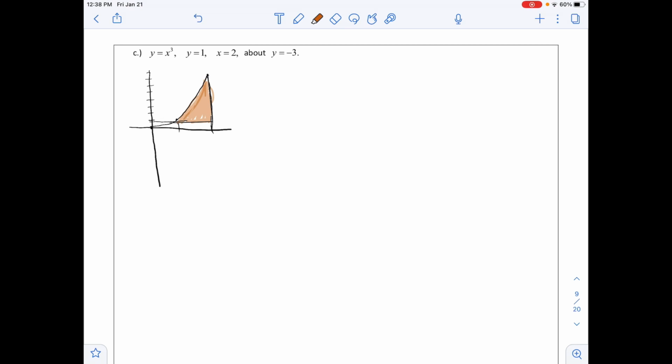And so this time we're not just rotating around the x-axis, we're actually rotating this around y equals -3, which would be right here. So y equals -3. So I'm going to go ahead and draw a dashed line here so I can show that it's being rotated around.